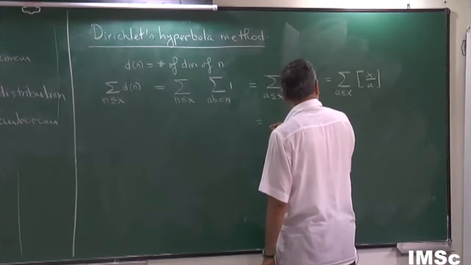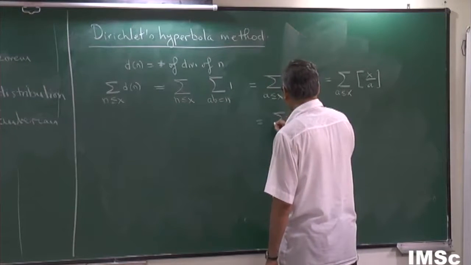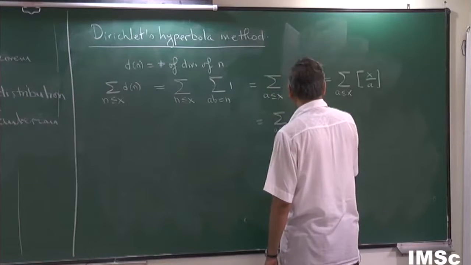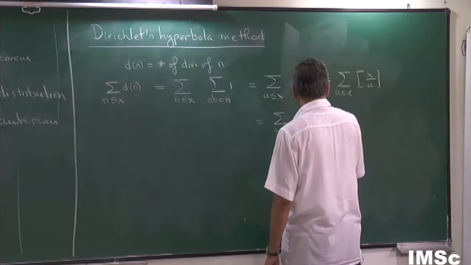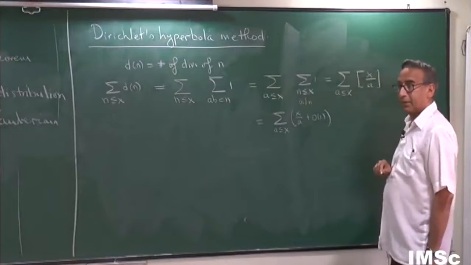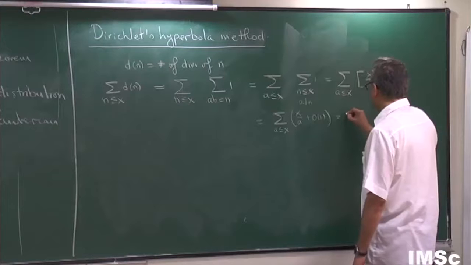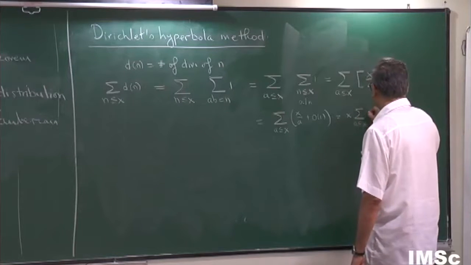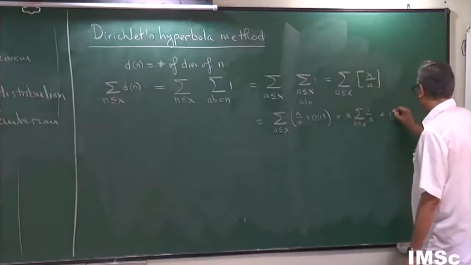And when I try to remove the square brackets, I'm going to get x over a plus O of 1, and now you're going to get x times the summation over a less than x of 1 over a, plus O of x.